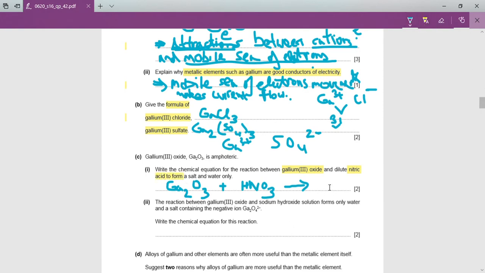So you should get Ga(NO3)3 plus... actually, I'll rewrite that since I realized there's not enough space. It's my fault.